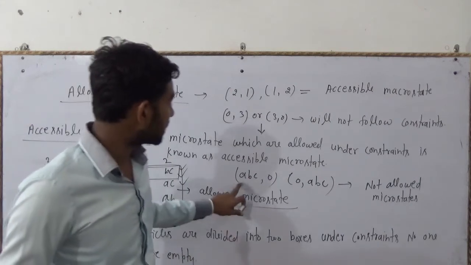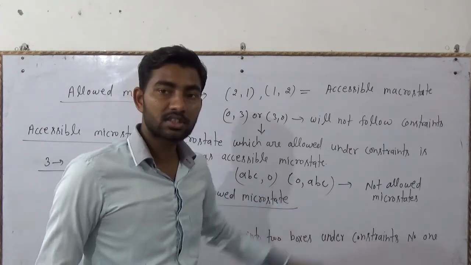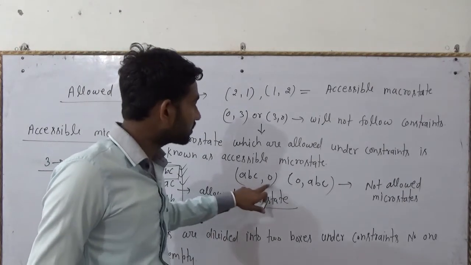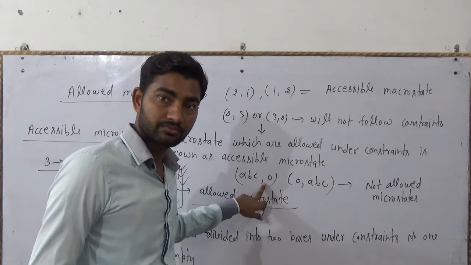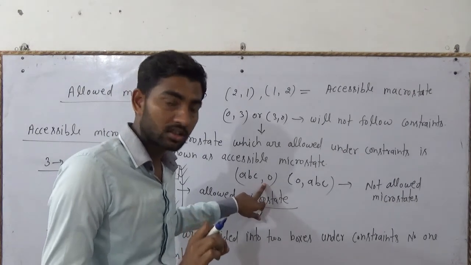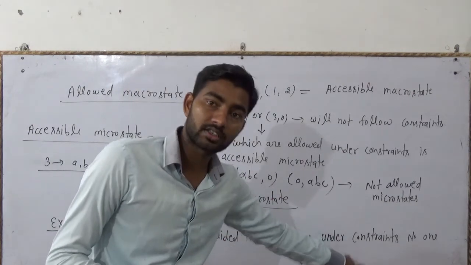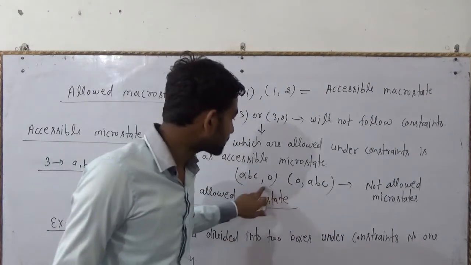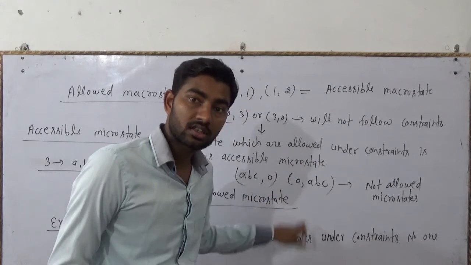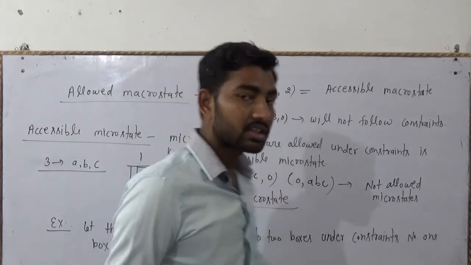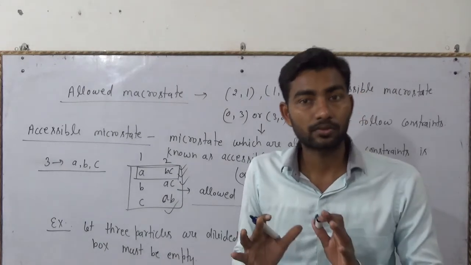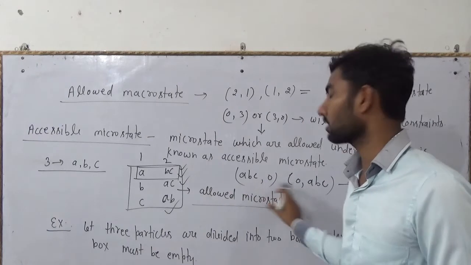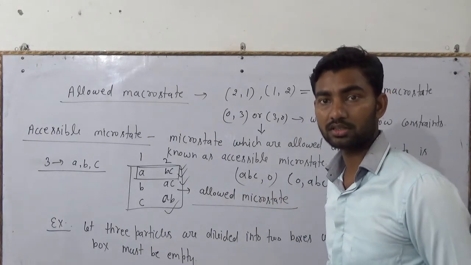If we choose ABC, 0 and 0, ABC, then we see that one box is empty, which does not follow the given constraint condition. So these two microstates are not allowed microstates.